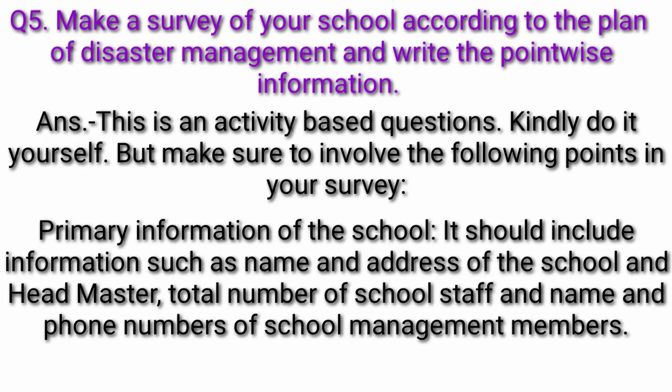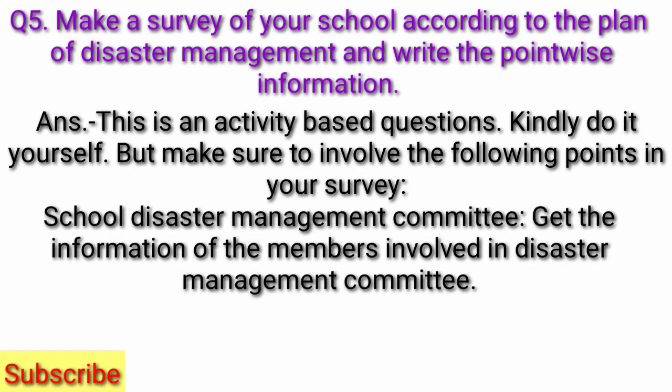Primary information of the school. It should include information such as name and address of the school and headmaster, total number of school staff and name, and phone numbers of school management members. Second, School Disaster Management Committee. Get the information of the members involved in Disaster Management Committee.